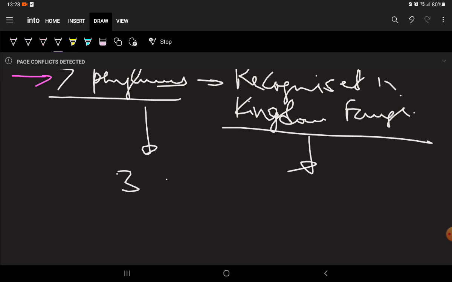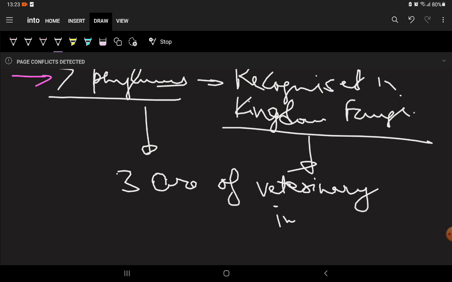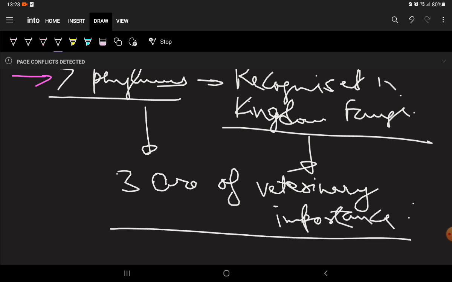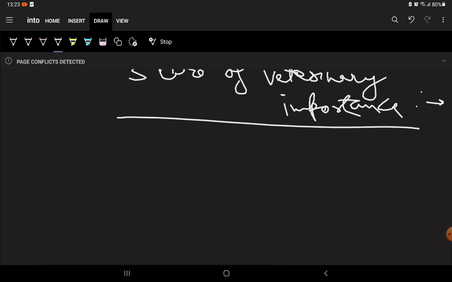So which are those 3 phyla of fungi of veterinary importance?